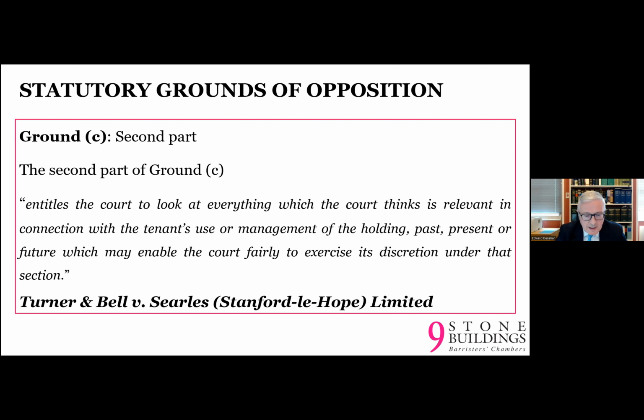They were just entirely misconceived, running up enormous bills which they never paid, and they had civil restraint orders against them. The landlord relied upon ground C and said the conduct of the tenant is an example of their use and management of the holding, and their use and management of the holding involved a war of attrition against the landlord based upon allegations which were without any substance.